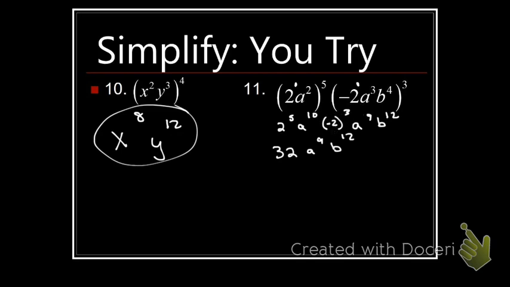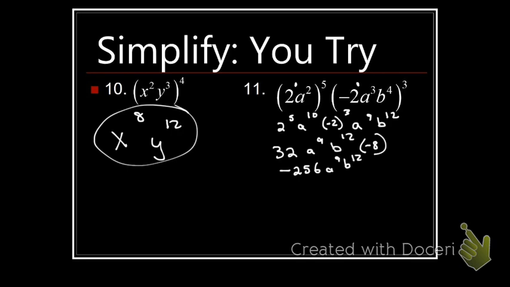Negative 8. Grab your calculators and take 32 times the negative 8, because those are coefficients, not exponents. So what's 32 times negative 8? Negative 256. I agree. Can you just do that in your head? A to the 9th, B to the 12th.